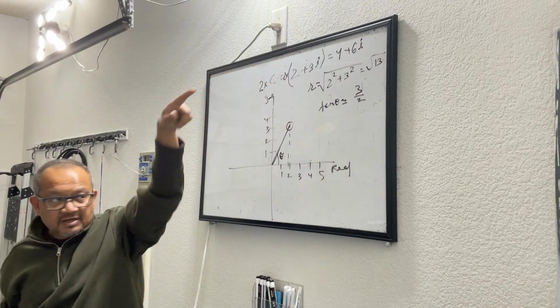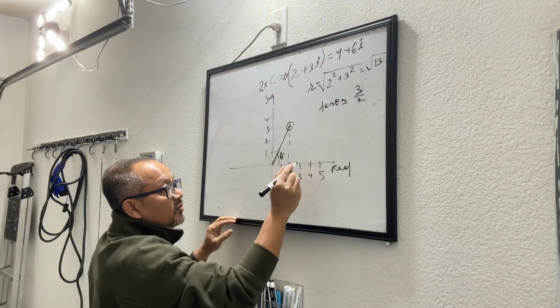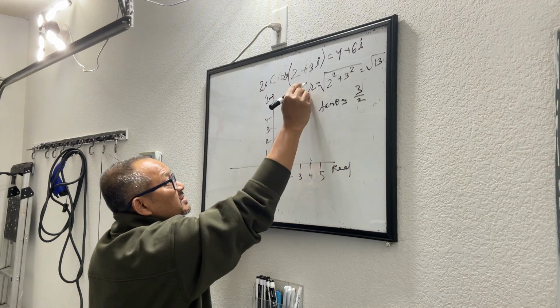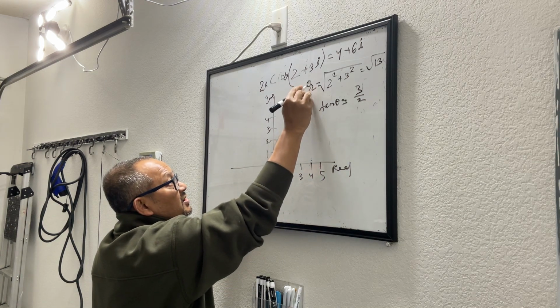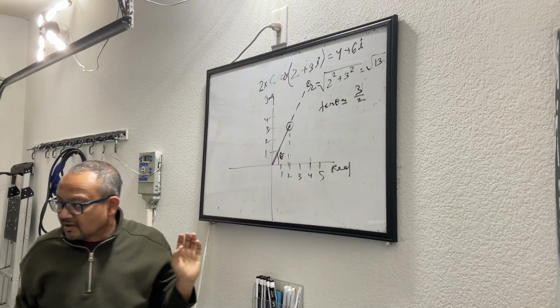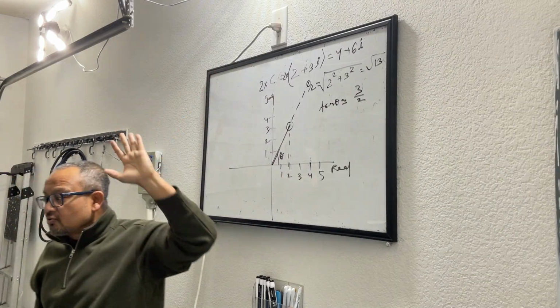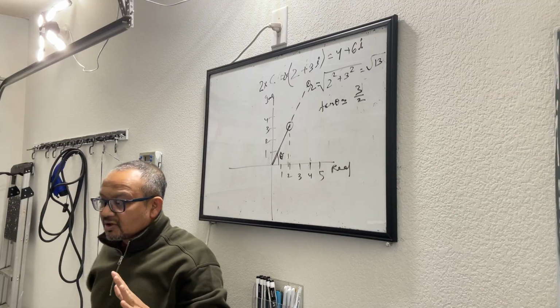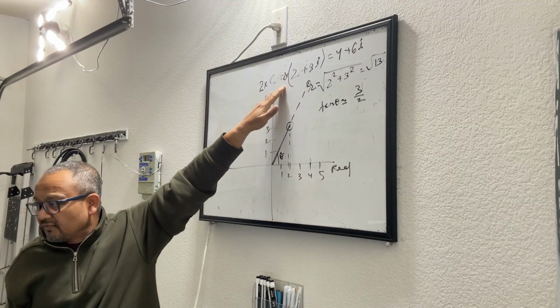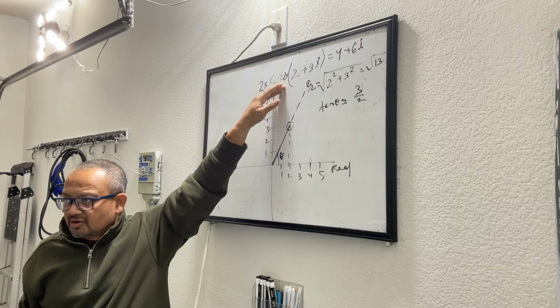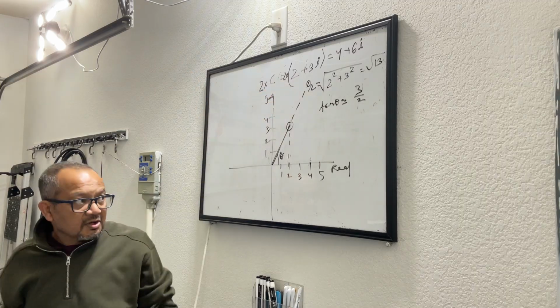Where this point is going to be 4 here and 6 maybe somewhere here. Are you guys with me so far? We are just talking about how to multiply a complex number with an integer or natural number, whatever you call it.